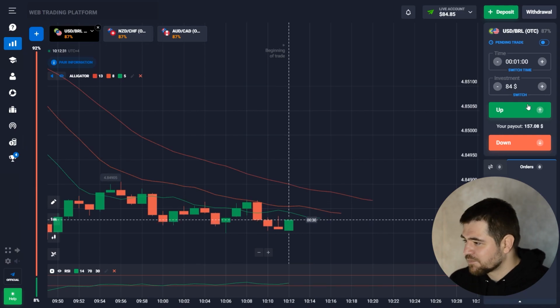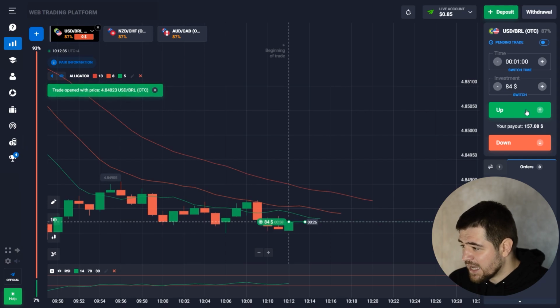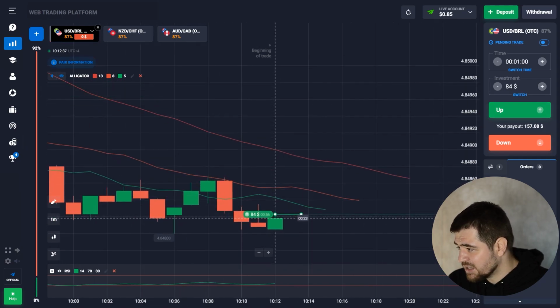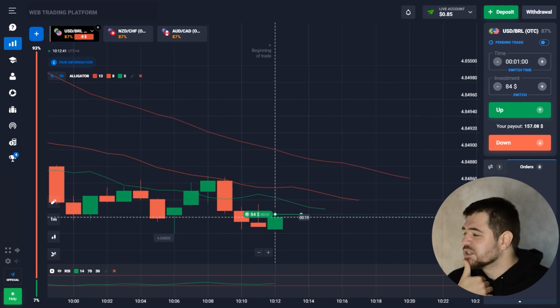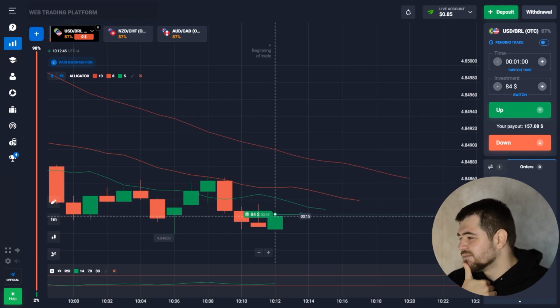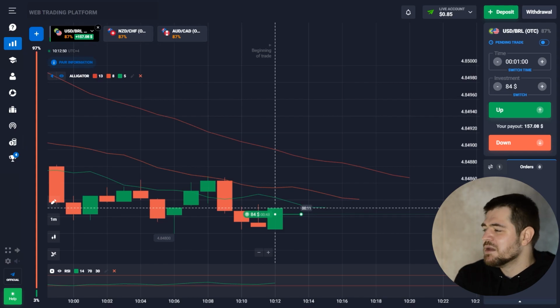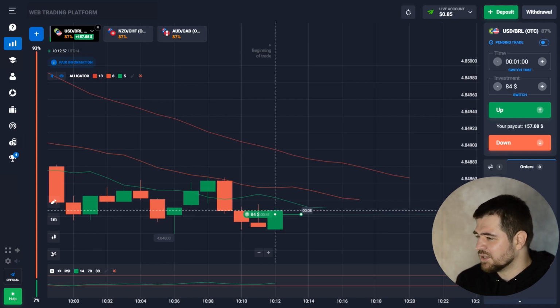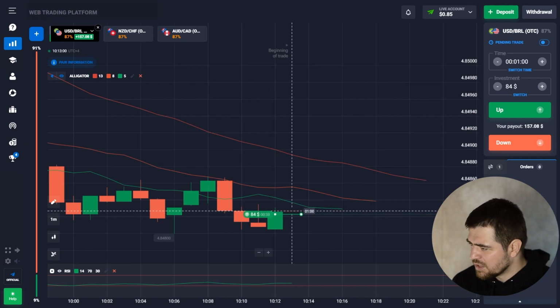So what happens here, again, we're gonna try to use that situation. There's some bullish impulse, I would say, going on here. See that this green candle was actually quite strong.